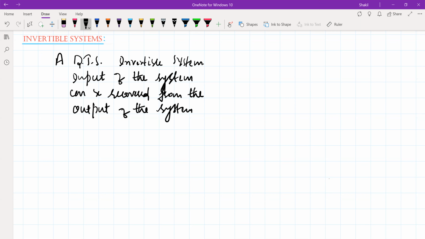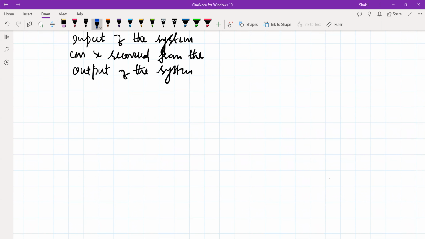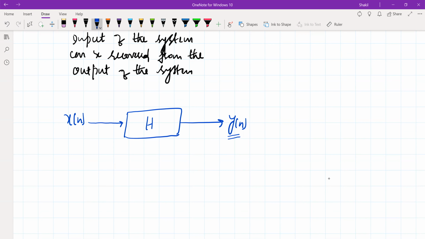From the system notation point of view, this simply means if x of n is the input to the system and y of n is the output, and we are able to obtain x of n from this y of n, then that system is referred to as an invertible system.